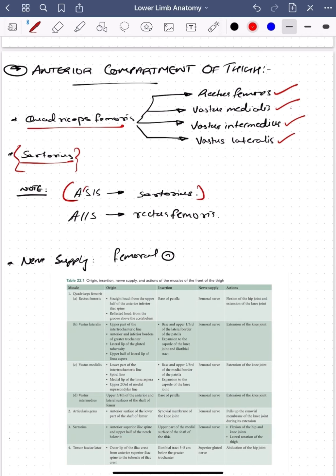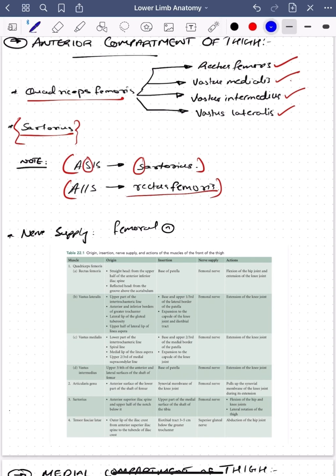And the anterior inferior gives rise to the rectus femoris. Okay, so this is all you need to know about the origin insertion. And the nerve supply, muscles in the anterior compartment of thigh is supplied by the femoral nerve. Okay, so if someone asks you what is the nerve supply of the vastus medialis, just say femoral nerve. Okay, that's the basic.